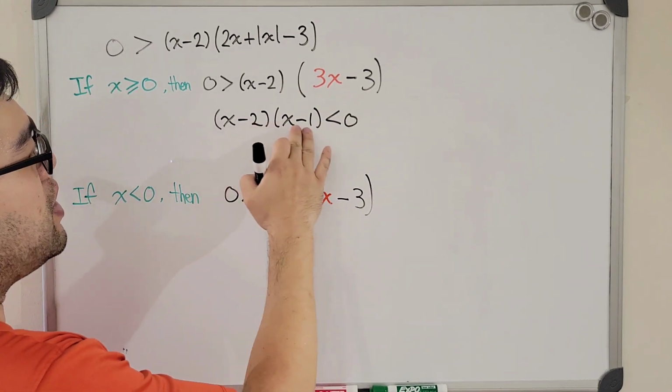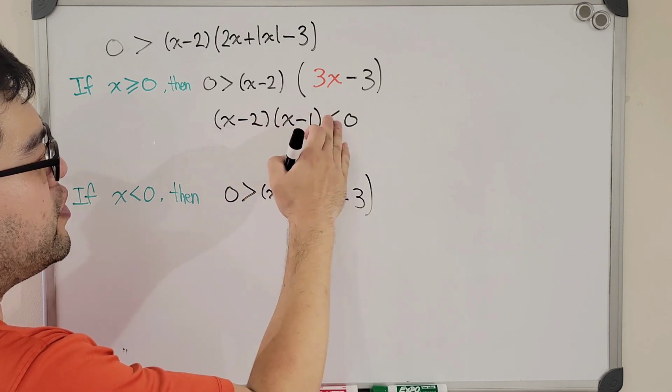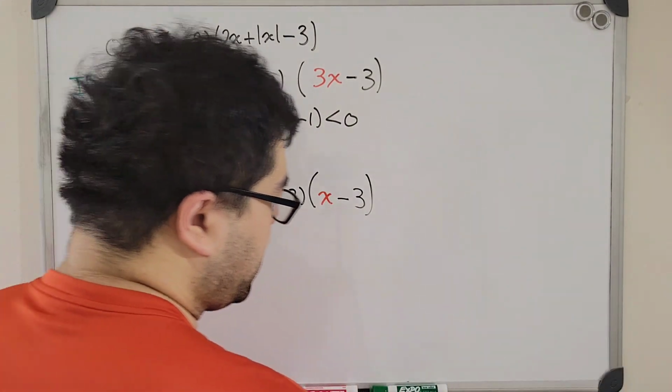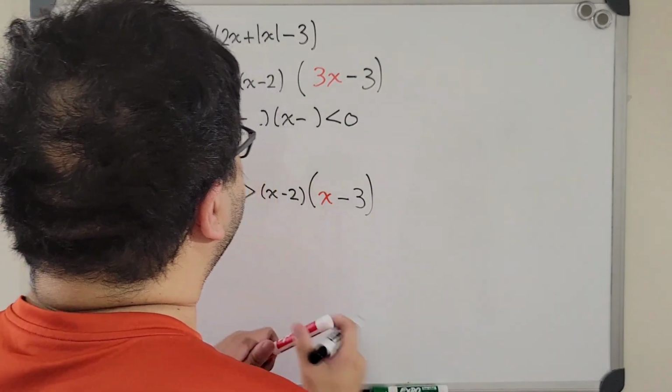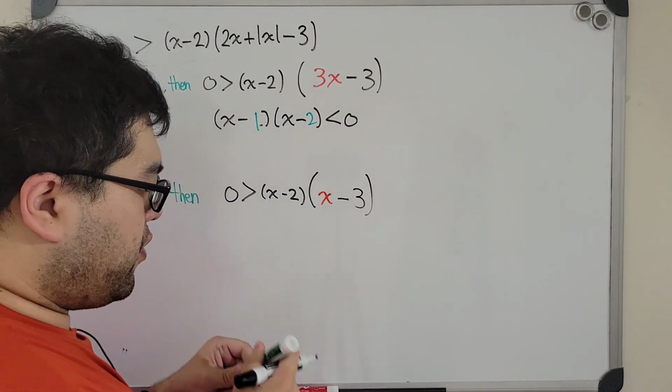So in this case, we have the two roots, positive 1 and positive 2. So if we try to rewrite the order, we'll just get, of course, 1 is smaller than 2. So we will have the following.